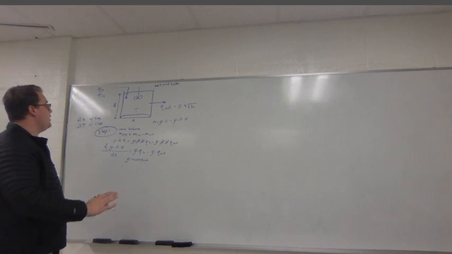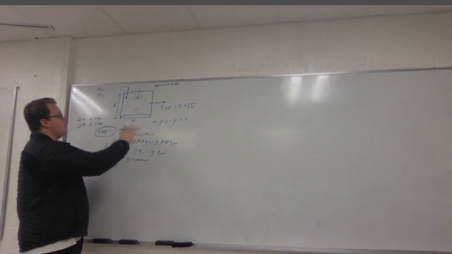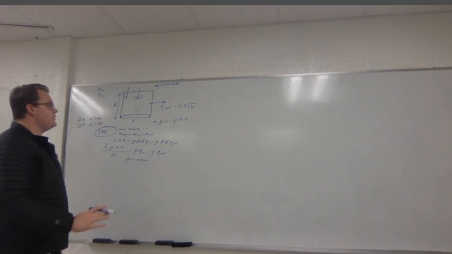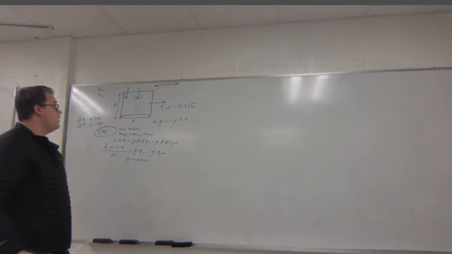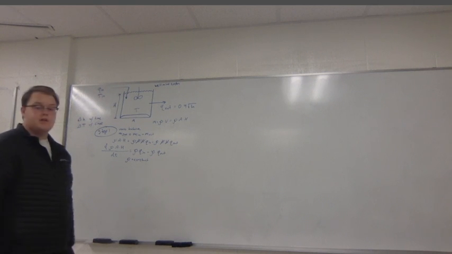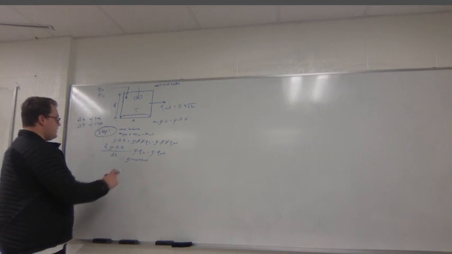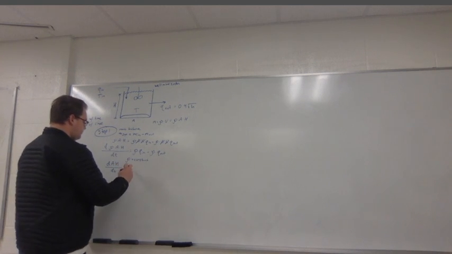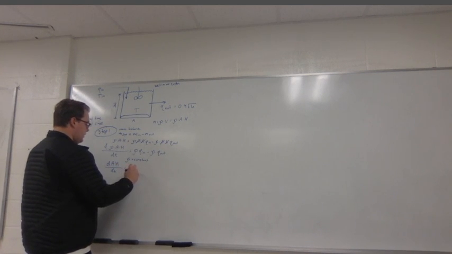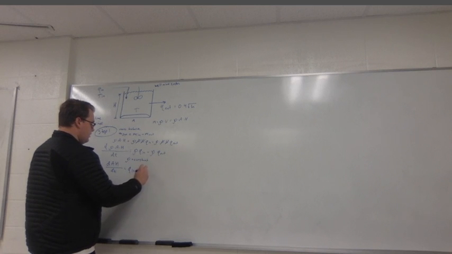It doesn't say anything about the density changing with temperature, and to keep things simple, we're going to assume that the density is constant throughout the entire time of the reaction. So that means I can get rid of density and just say that area times the change in height with respect to time is equal to flow rate coming in minus flow rate out.